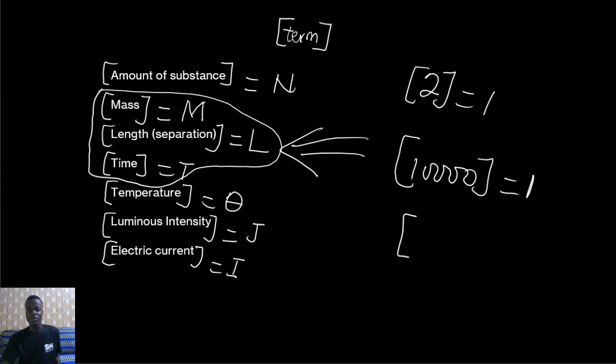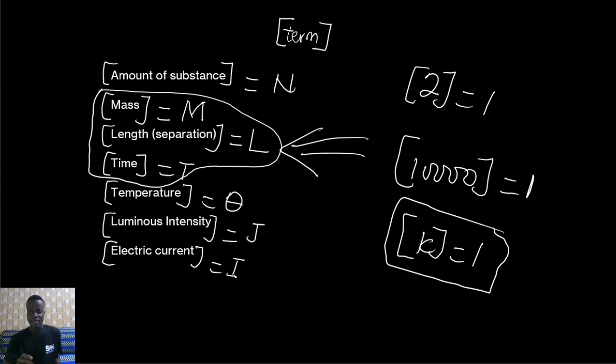Some equations may have a constant k, and its dimension is also 1. These are things you need to keep in mind because you'll be using them mostly when we are doing dimensional analysis of terms. That's what we have to do in the next sessions, so we will advance.